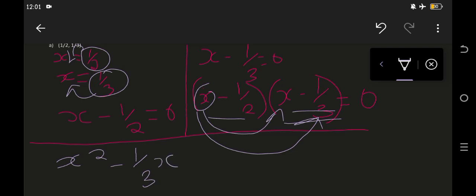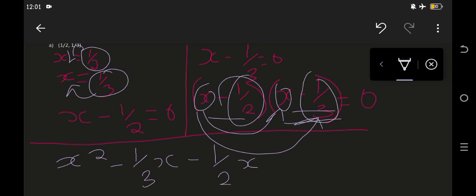Next, you will take negative 1 over 2 by x. This will give us negative 1 over 2 x, and negative 1 over 2 by negative 1 over 3 will be giving us positive 1 over 6 is equal to 0.